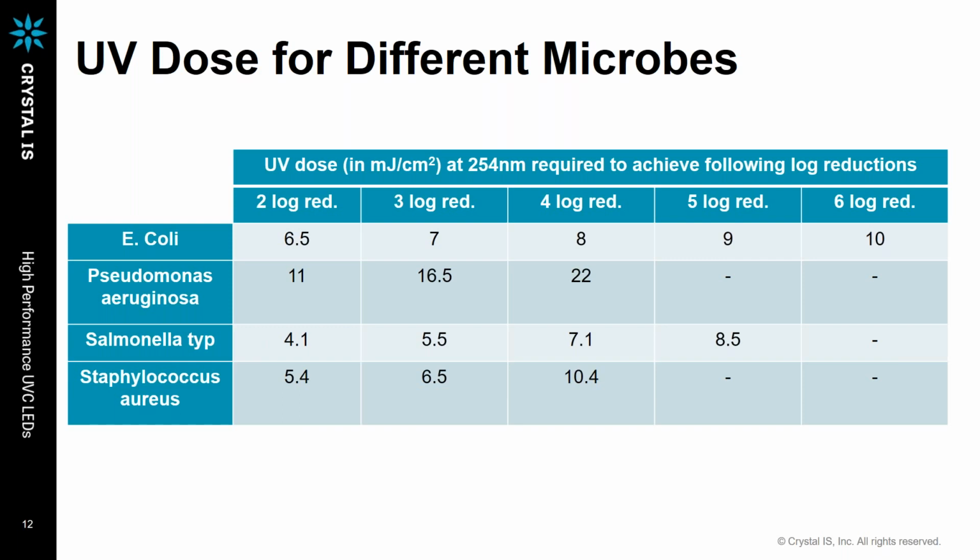Now remember, the dosage we are talking about here is based on 254 nanometers, which is the Mercury lamp. We don't have the database for the UVC LEDs right now, but we have done some work on some of the microbes shown here to see how much dose is required to get to the disinfection level or log reduction.